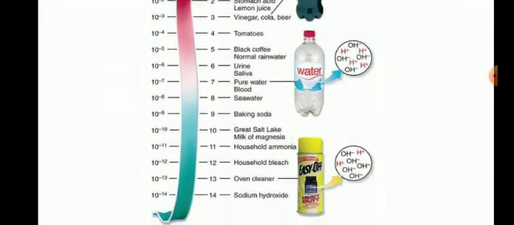Sodium hydroxide has a concentration of H plus ions as 1 multiplied by 10 raised to minus 14 mole per liter. So 1 molar NaOH solution has pH 14.